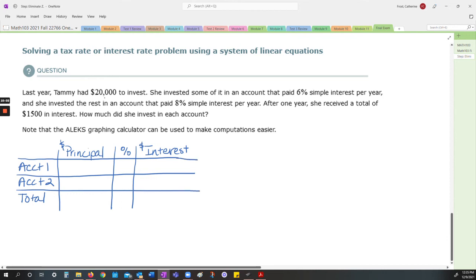So last year, Tammy had $20,000 to invest. So that's the total amount of principal, so that's going to go here. She invested some of it in an account that paid 6% simple interest per year. So 6%, we'll make that the first one, 0.06, and the rest in 8%, so 0.08. After 1 year, she received a total of $1,500 in interest.